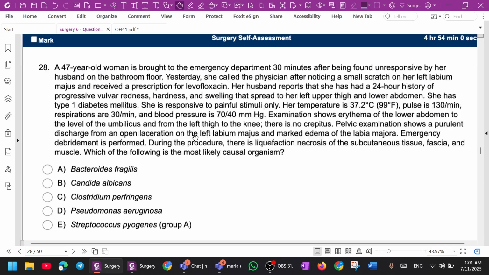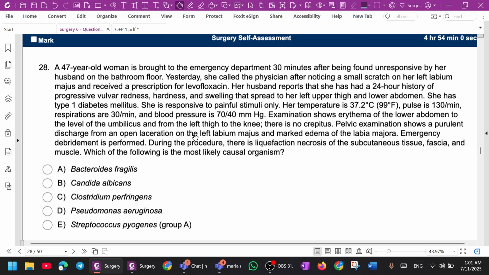Next. A 47-year-old woman is brought to the emergency department 30 minutes after being found unresponsive by her husband on the bathroom floor. Yesterday, she called the physician after noticing a small scratch on her left labia majora and received a prescription for levofloxacin.